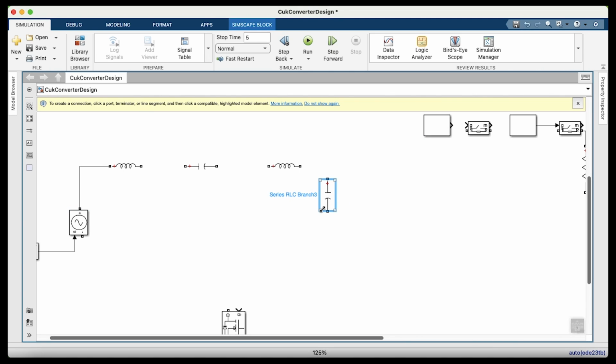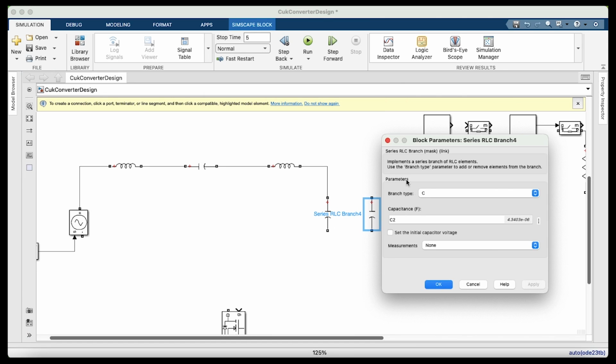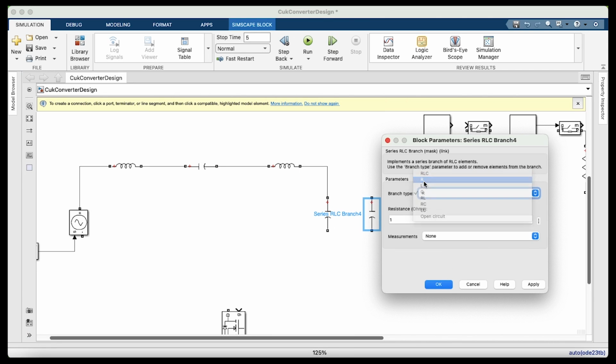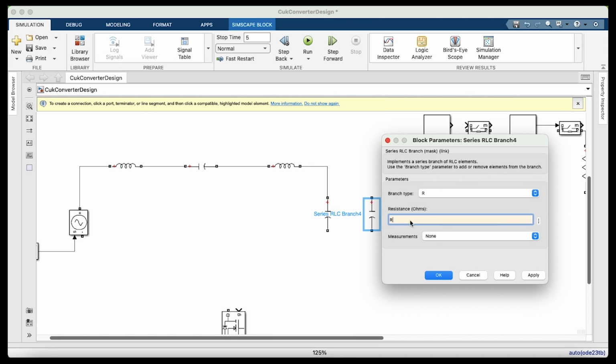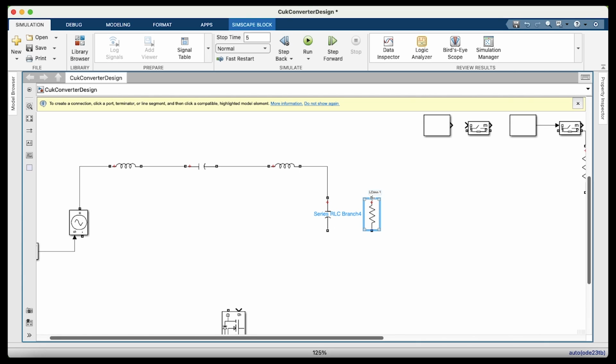Rotate the components, then connect all the components one by one. Next, choose the load resistance as a resistive load. Choose the resistance component R, apply R and OK. Then connect all the components according to the Cuk converter circuit diagram.